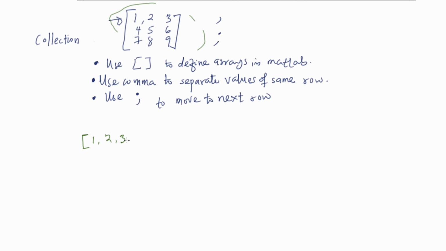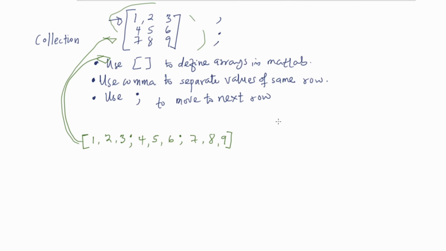Then if I want to move to the next row, I bring a semicolon and I continue 4, 5, 6, all on the same row. Then I move to the last row and I write 7, 8, 9. So this is essentially representing this array in MATLAB.